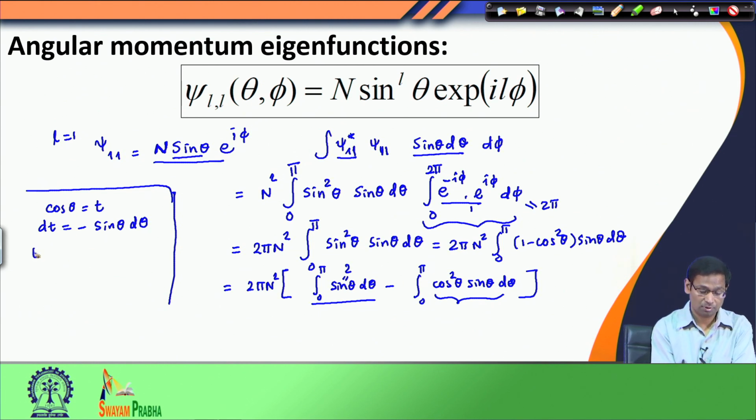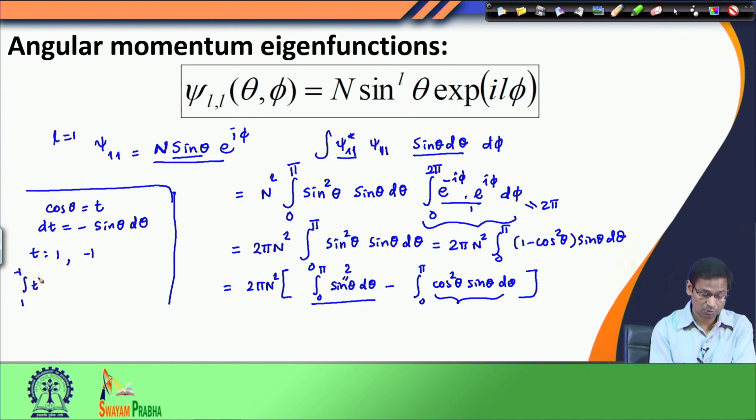So, t goes from cos 0, which is 1, to cos pi, which is minus 1. So, in this integral, t goes from 1 to minus 1.